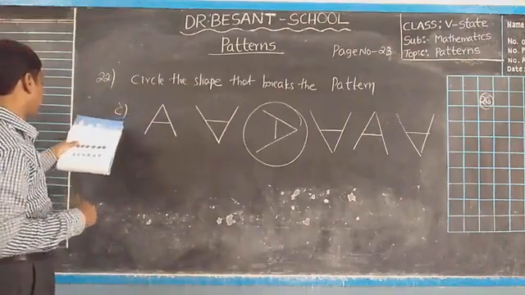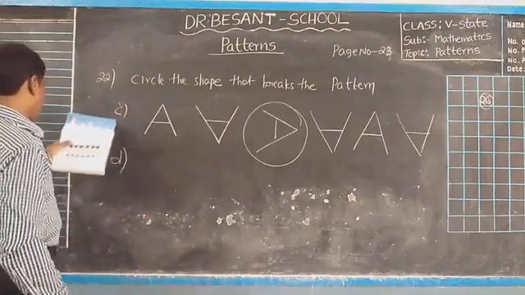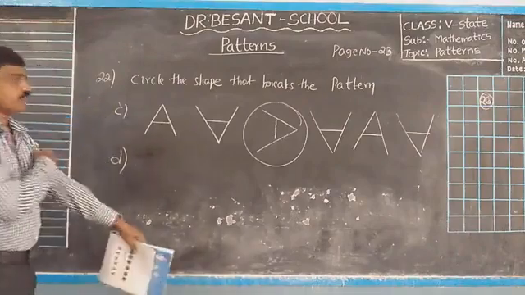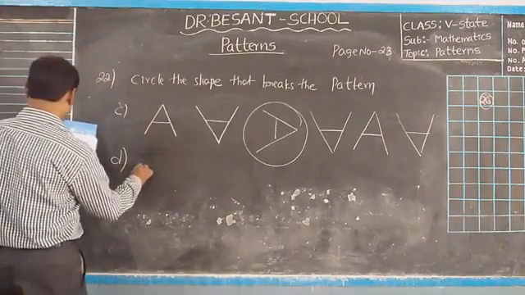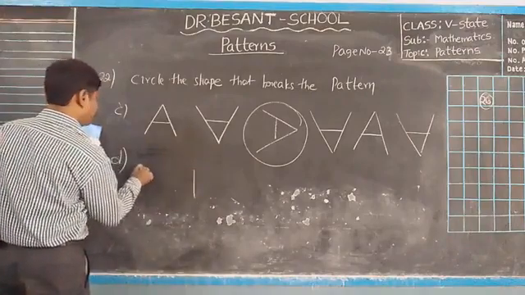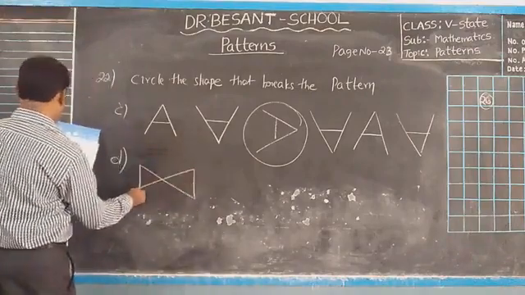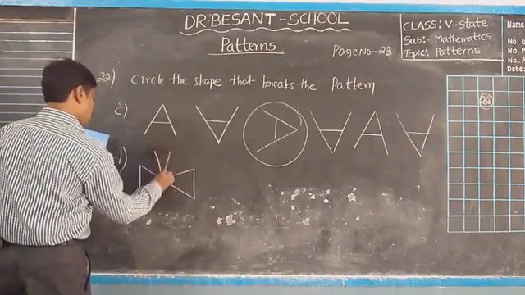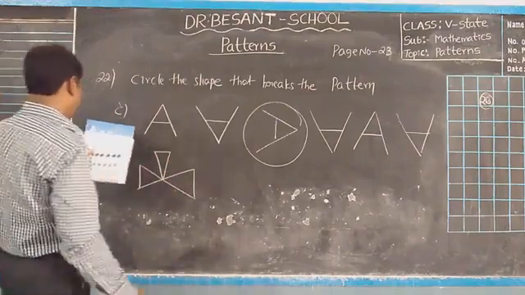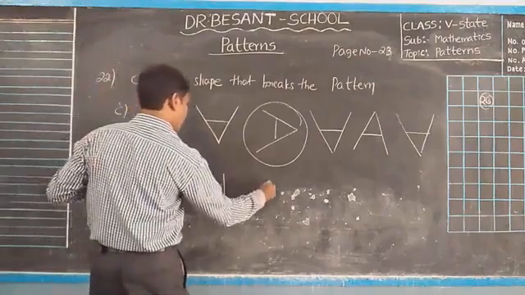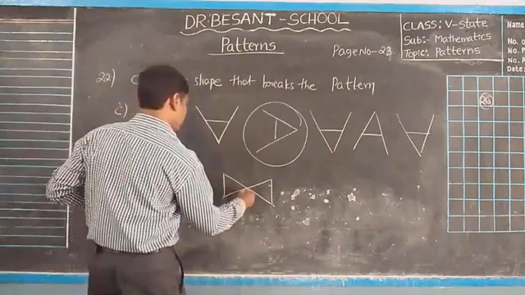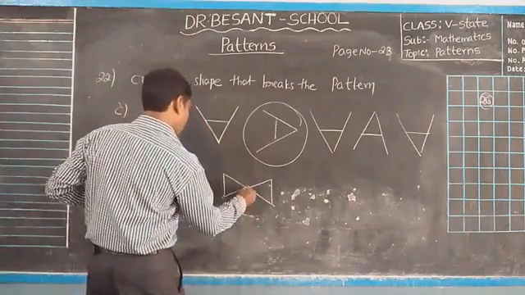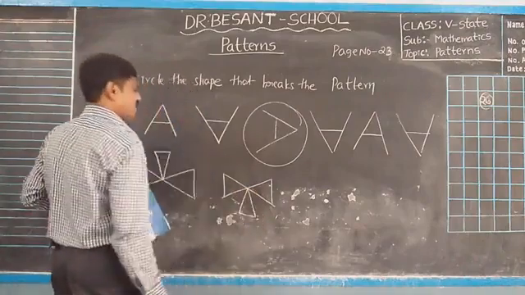Next, D. Observe here. This is the first one. Perfect. Second one means completely reverse. Second correct.